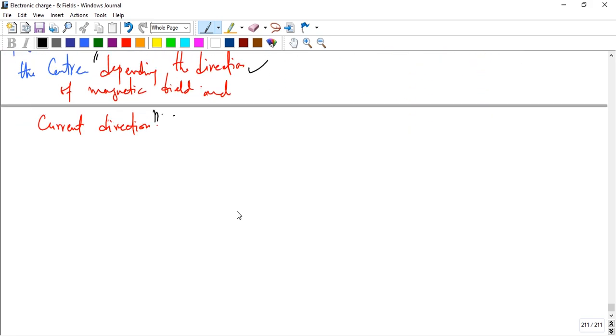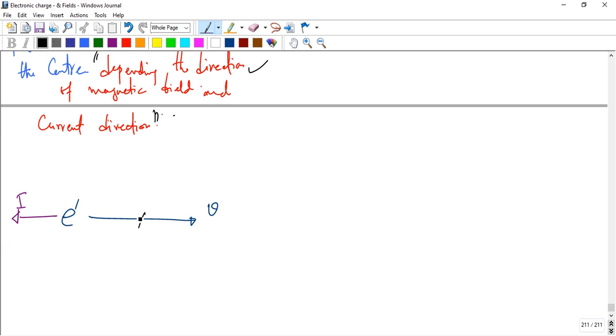Now consider an example. Suppose there is an electron moving in that direction, suppose there is a velocity, so the current is obviously in the opposite direction. Now place an external magnetic field here, a similar concept.